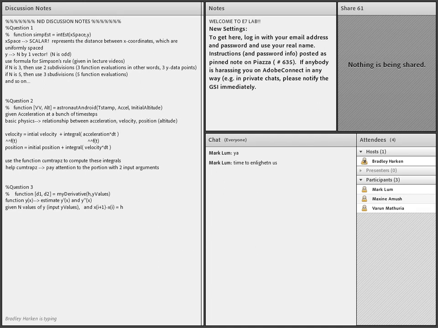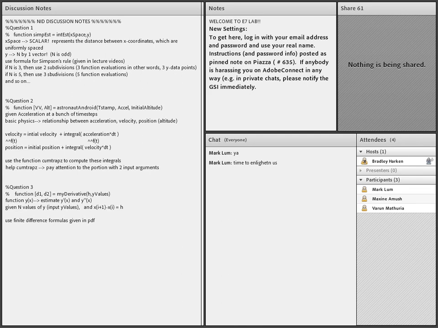So to approximate these derivatives, we're going to use the finite difference formulas, and those are given in the assignment PDF. And keep in mind, in the PDF, you're given forward difference equations, backward difference equations, and central difference equations.